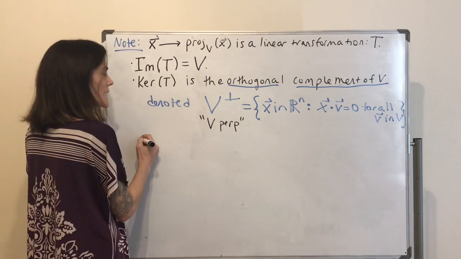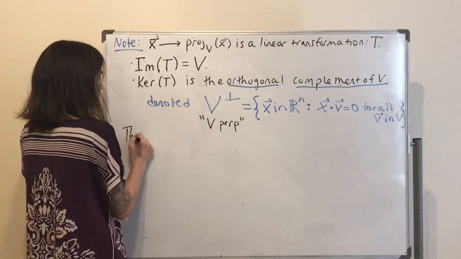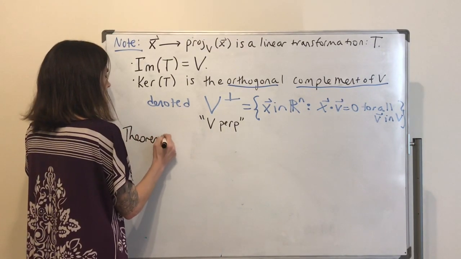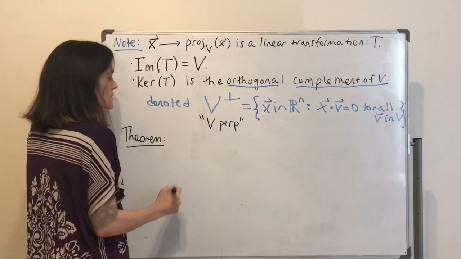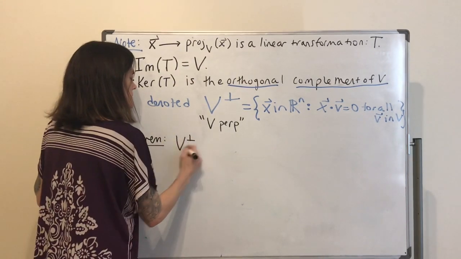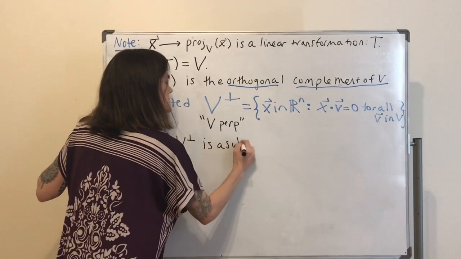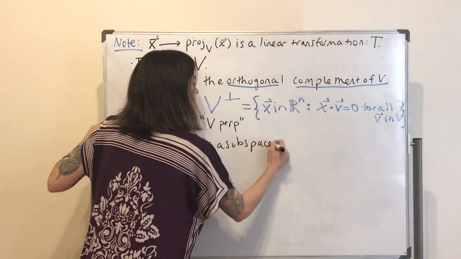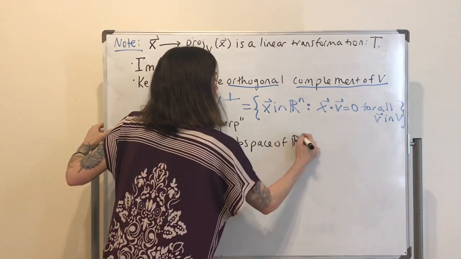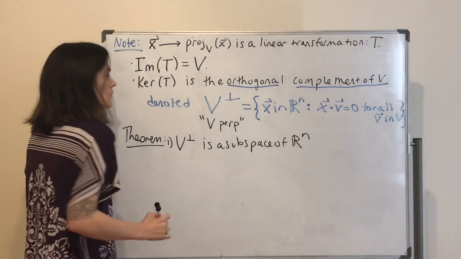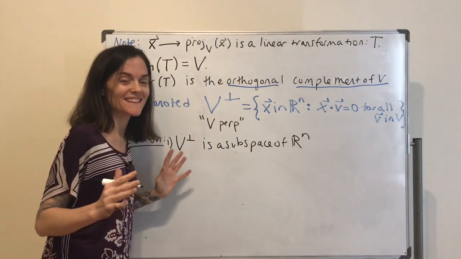Now, what can I say about this? Maybe I'll write this as a theorem. First of all, this one is a subspace of Rn. Why is it a subspace?